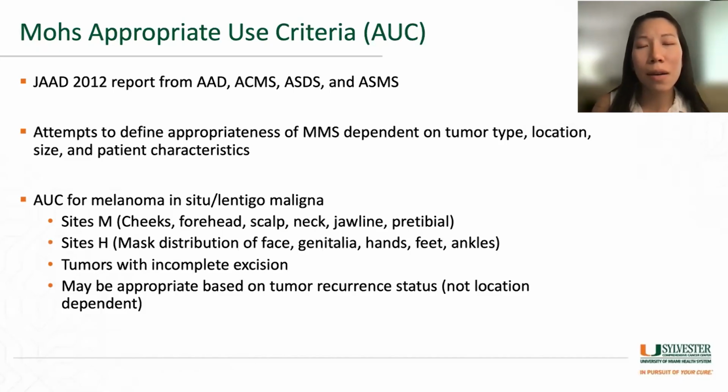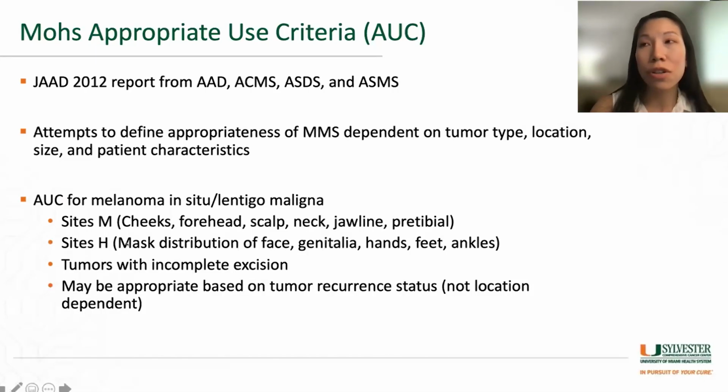And even back then, with Mohs with immunostains in its infancy, it deemed that Mohs was probably appropriate for melanoma in situ or lentigo maligna on various locations, including high-risk locations, including the cheeks, forehead, scalp, neck, jawline, and the shins.